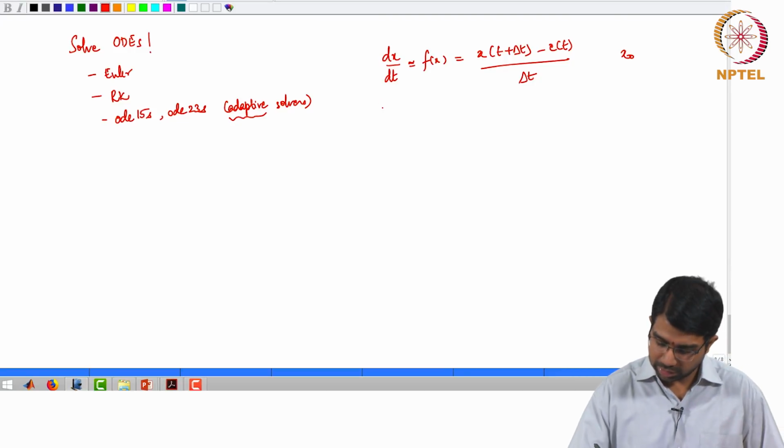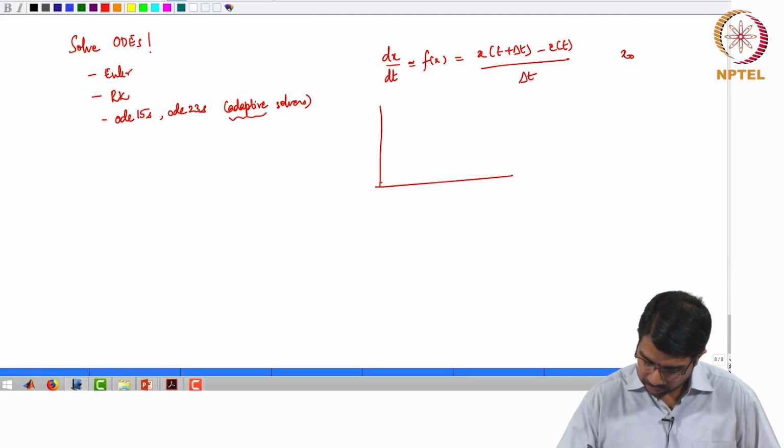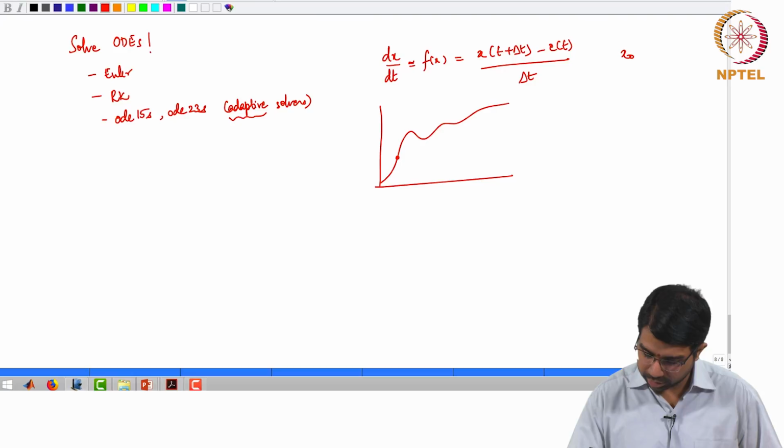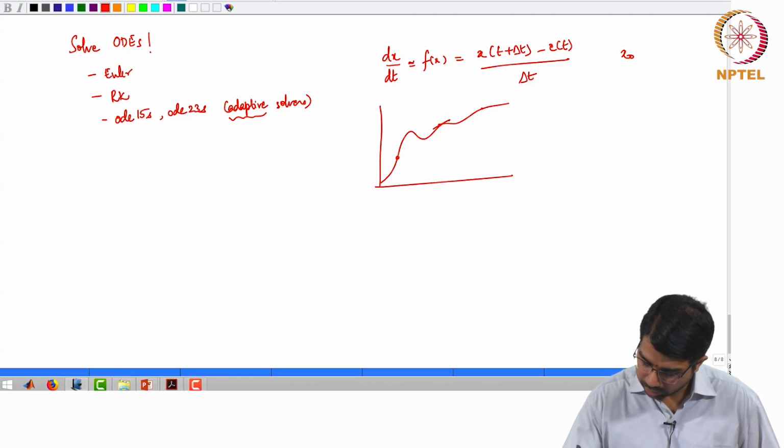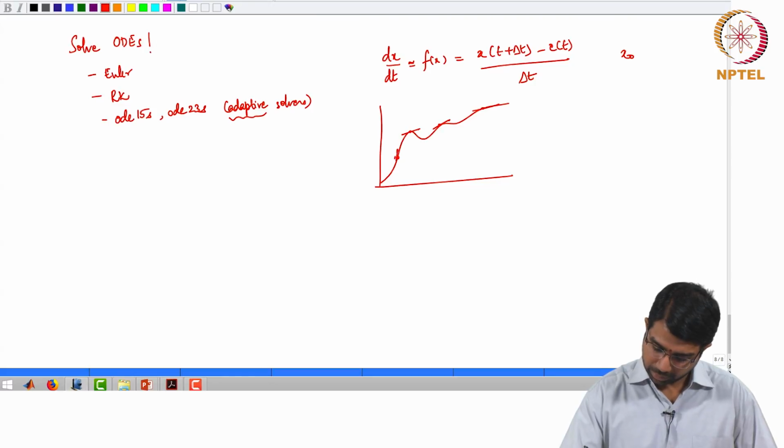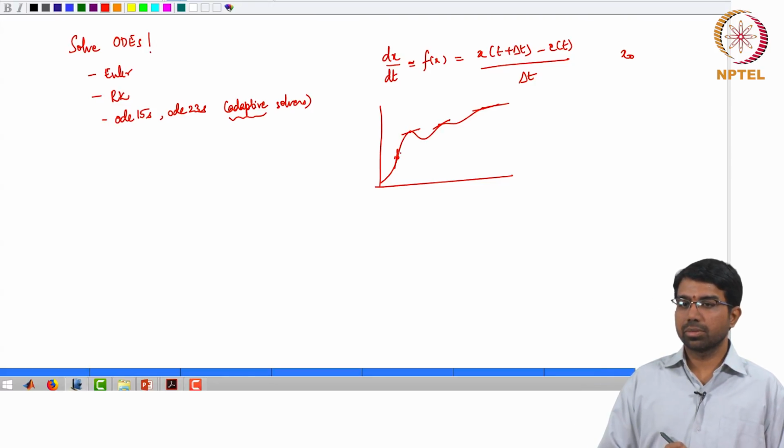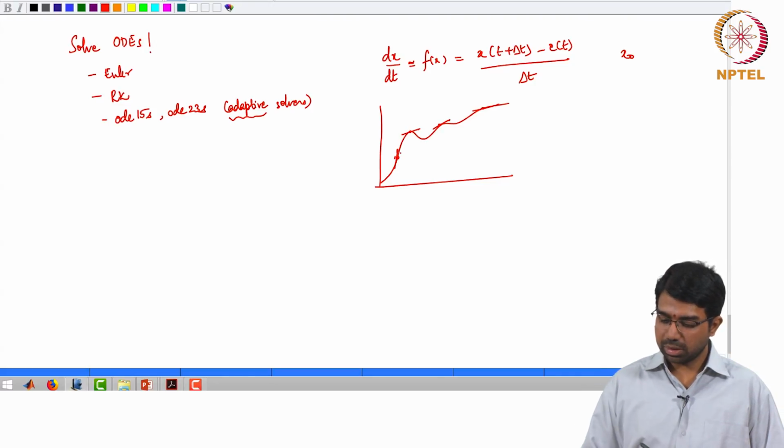So, you essentially have to reconstruct the curve based on the slopes known at different points. Right.